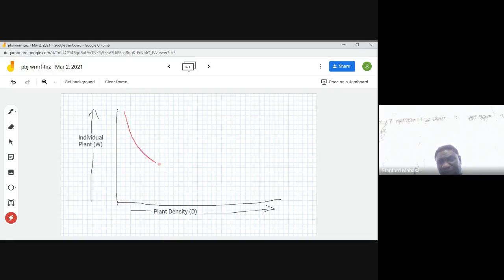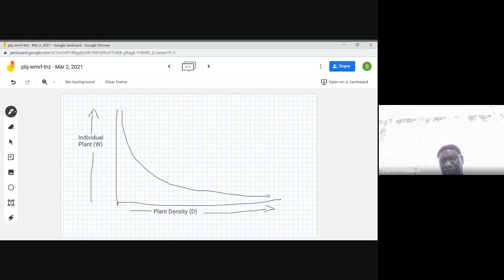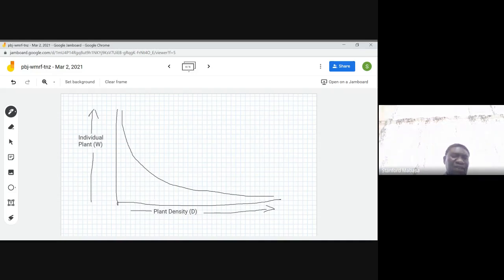So it has to be like this. So again, this is a rectangular hyperbola.